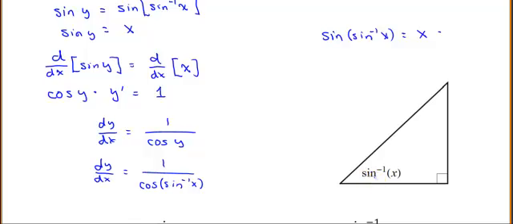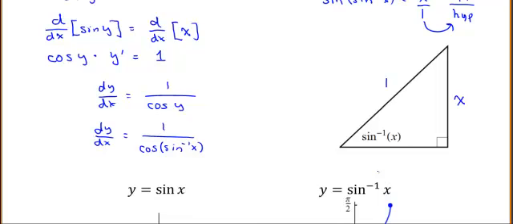Remember, in a right triangle, the sine is the opposite over the hypotenuse. So this would happen if I make the opposite side x and the hypotenuse 1. Then this angle would be the sine inverse of x, because its sine would be x.